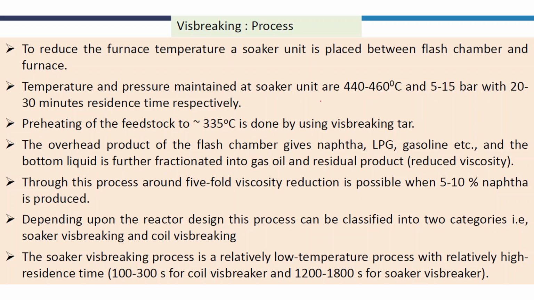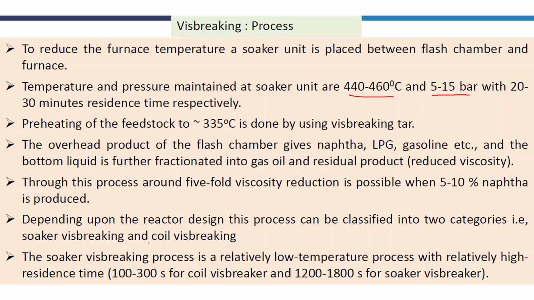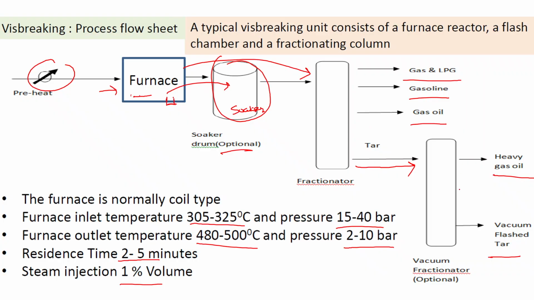Temperature and pressure maintained at the soaker unit are 440 to 460 degrees C and 5 to 15 bar with 20 to 30 minutes residence time. So, as I have told, in the furnace residence time is only 2 to 5 minutes, but here the residence time is very high, that is 20 to 30 minutes. Preheating of the feedstock is done up to 335 degrees C by using this breaking tar. So this vacuum flash tar is not thrown away.